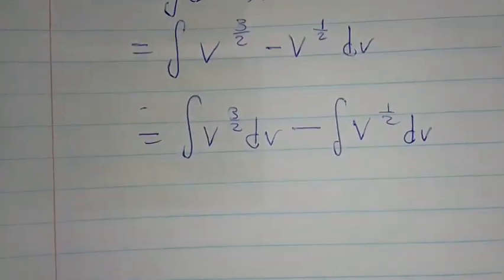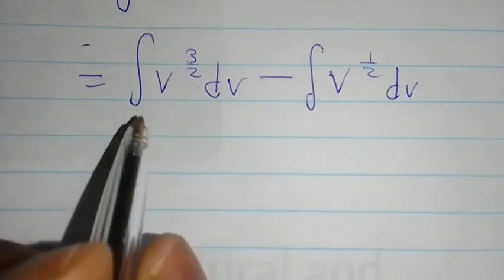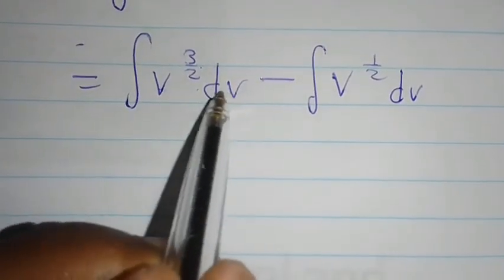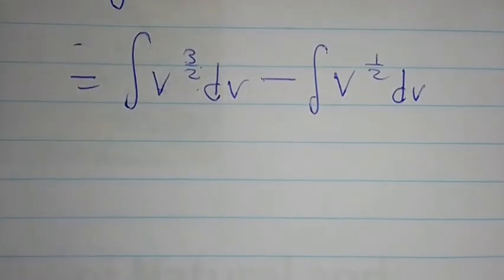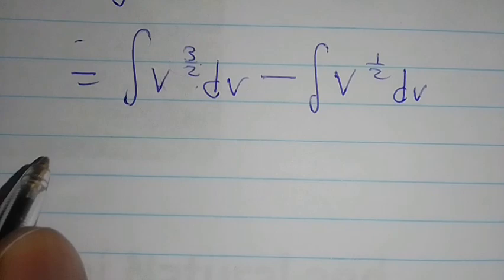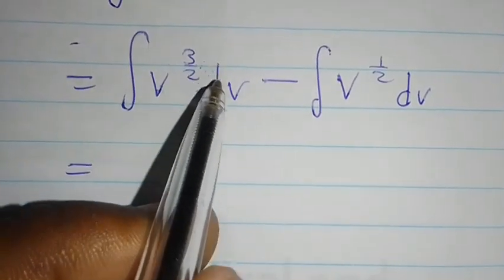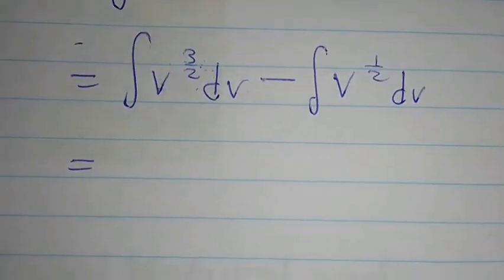Then you can apply the rule I showed you for when you integrate the variable raised to any number but negative 1. Then you can integrate that. Now when you add 1 here, you're going to have 5 over 2.